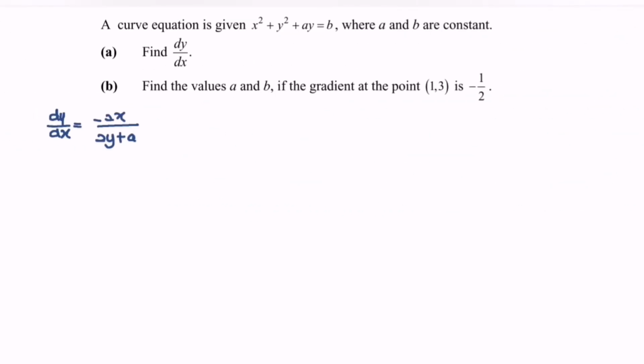Now we are going to find the values of a and b if the gradient at the point with coordinates (1, 3) is negative 1 over 2. So x equals 1, y equals 3, and negative 1 over 2 equals dy/dx. Substituting, negative 1 over 2 equals negative 2 over (6 plus a).